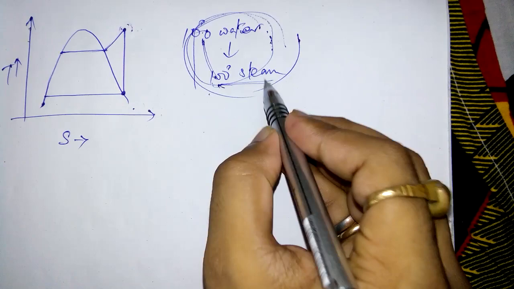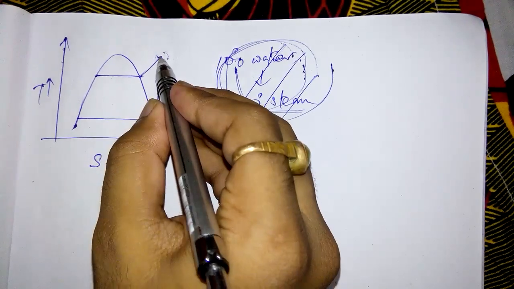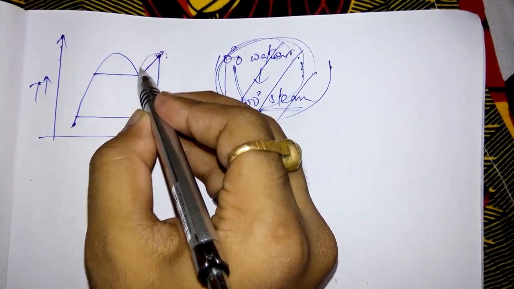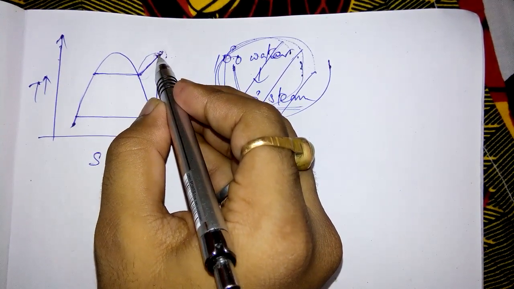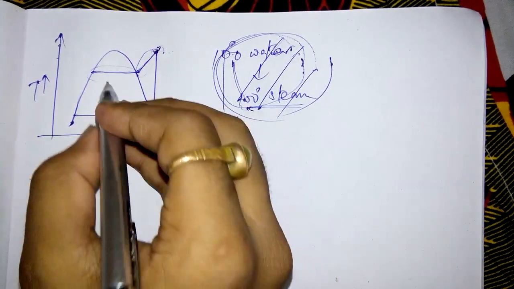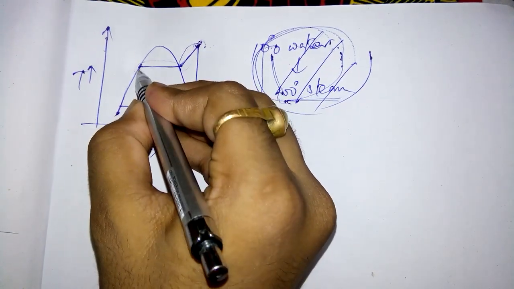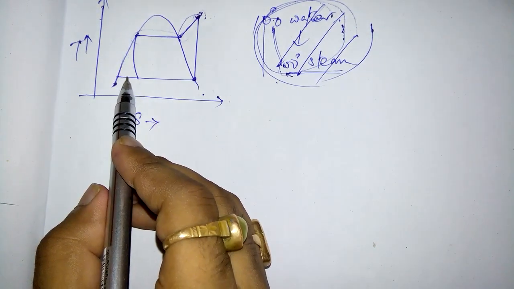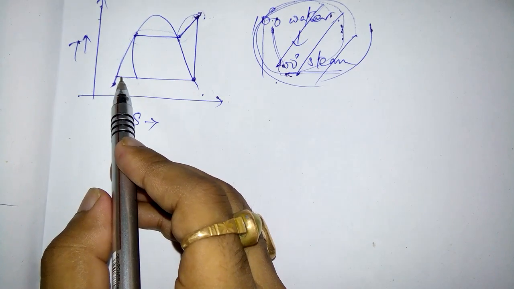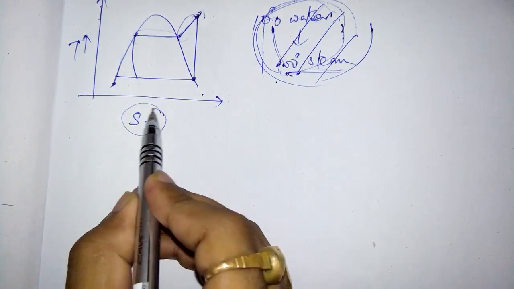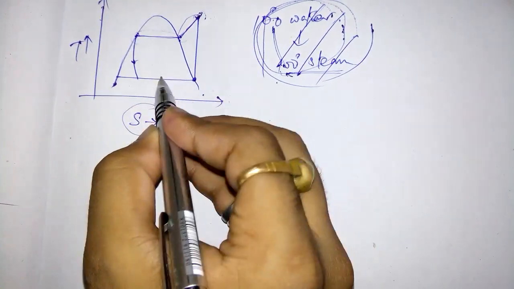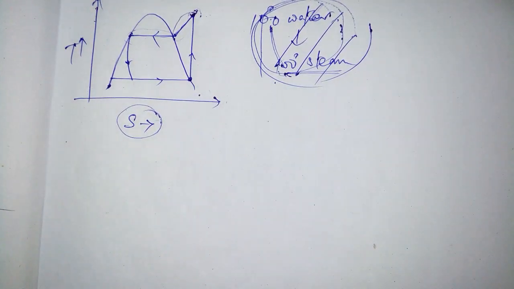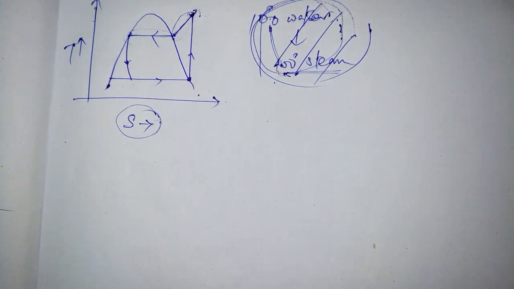So condensing has started from this point. This is the sensible heat rejection, this is the latent heat rejection, and after this point throttling will occur. Throttling is like this. It is not straight because throttling is isenthalpic, enthalpy is constant, but entropy is not constant, it is always increasing. So this was your TS diagram.